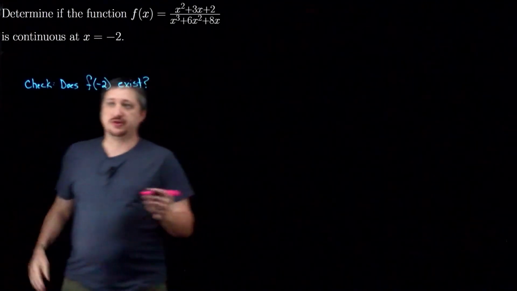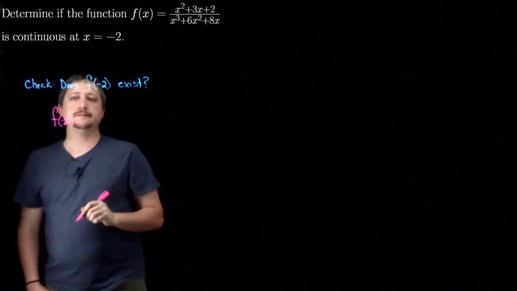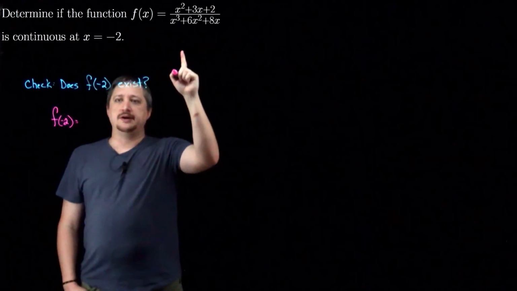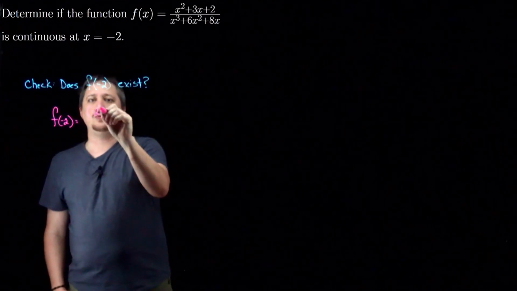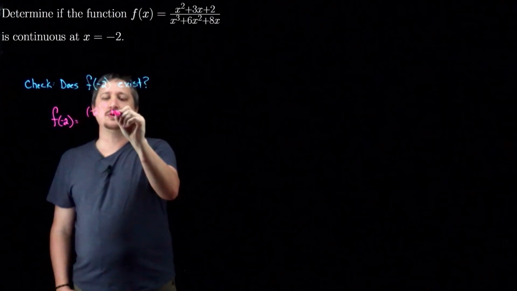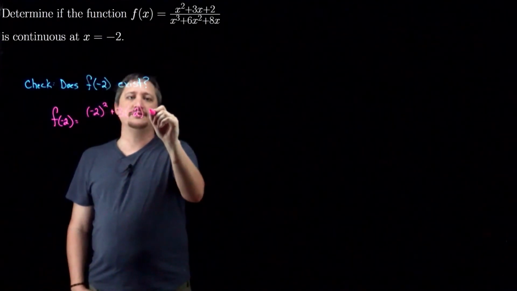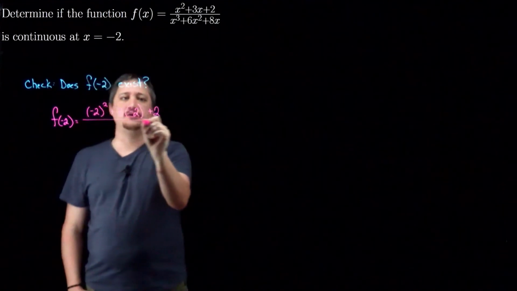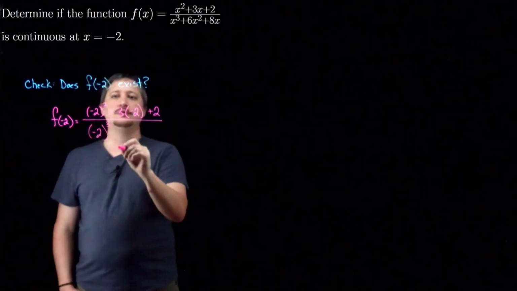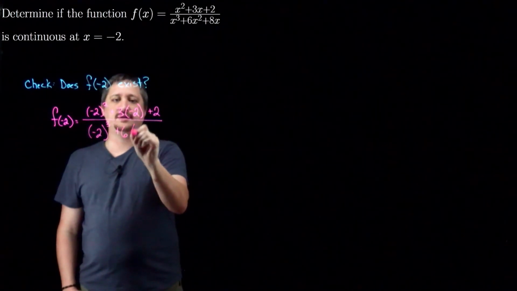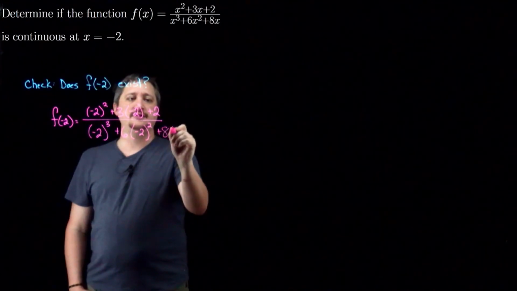So I'm just going to plug it in and compute. So f of -2 is, so my f of x is up here, right? So I'm going to have this -2 squared plus 3 times -2 plus 2 all over -2 cubed plus 6 times -2 squared plus 8 times -2.